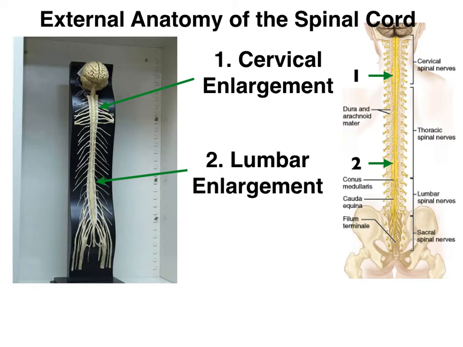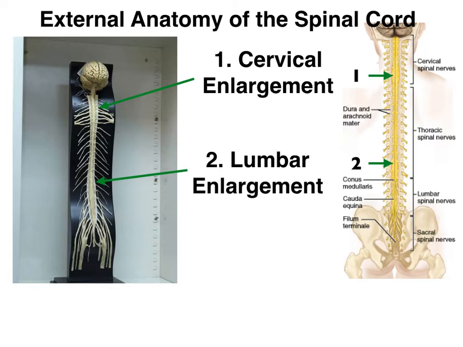If you think for a second, you might be able to guess why there is a thickening of the spinal cord towards the top end of the spinal cord and towards the bottom end of the spinal cord. This has to do with the fact that we have two structures towards the top and lower halves of our body, which are the extremities.